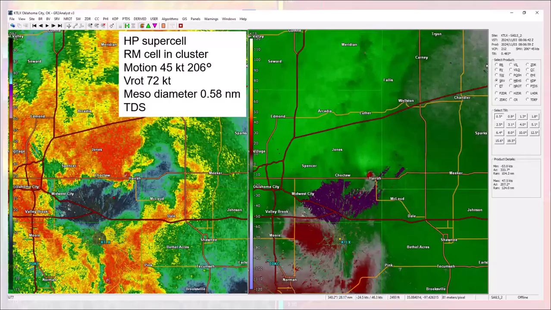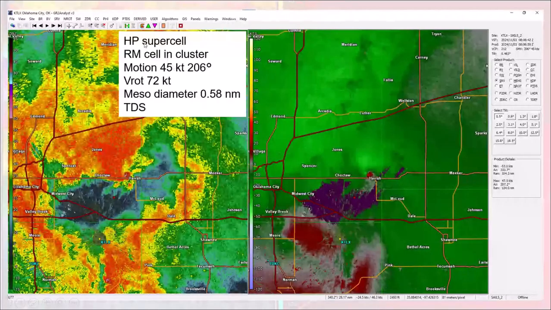So the process of finding radar attributes is to download the Level-II data. For every case, I take the full vertical volume scan before a tornado formed, and then all the volume scans through the life cycle, and then one after. And then I look through each one of the scans.